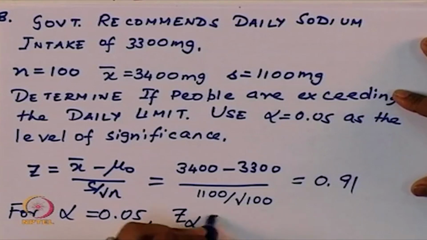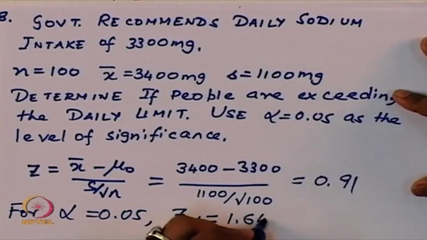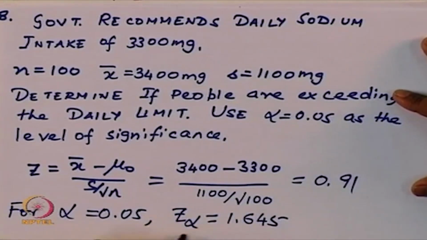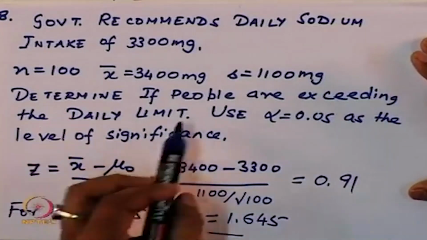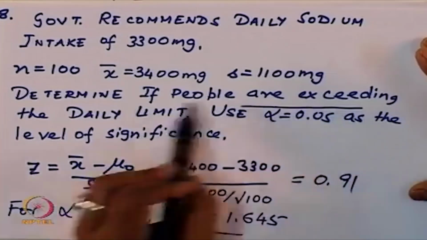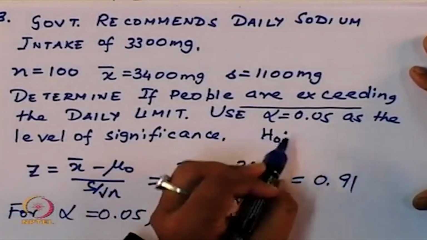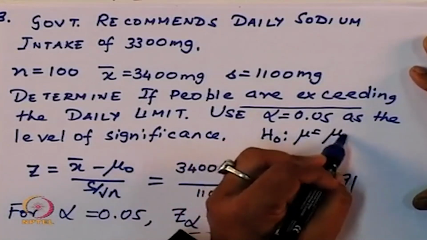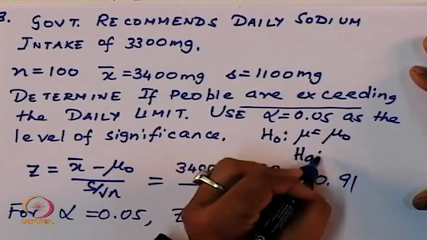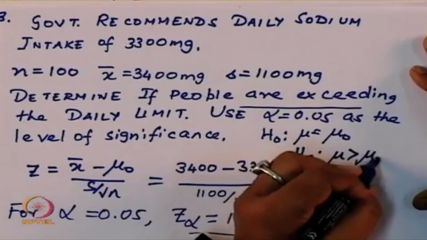Now, for alpha equal to 0.05, Z alpha is 1.645. Why do we use Z alpha equal to 1.645? Because we are asked if people are exceeding the daily limit. So, my H naught is mu equal to mu naught, and the alternate hypothesis is mu greater than mu naught.